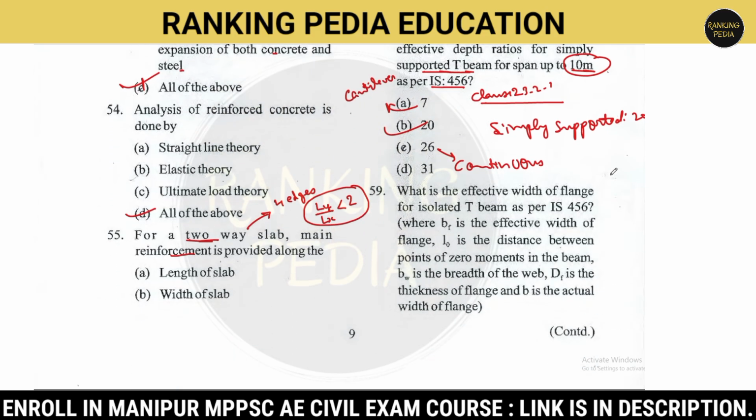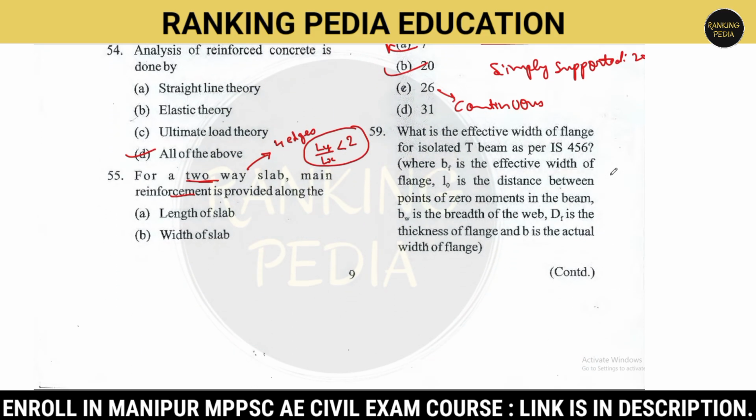Next is the 59th question. What is the effective width of a flange for an isolated T-beam as per IS 456? Here values are given: bf is denoted by effective width of flange. L0 is the distance between the points of zero moment in the beam. bw is the breadth of the web, Df is the thickness of the flange, and b is the actual width of the flange.